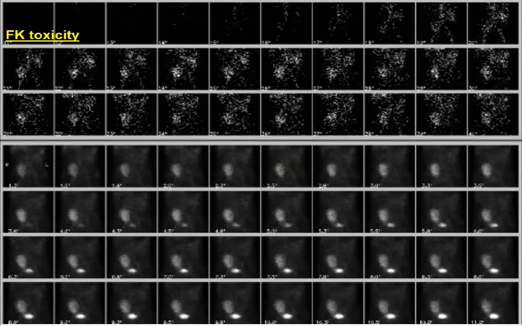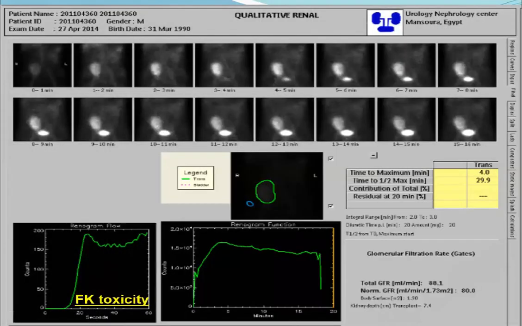This is a case of FK toxicity with some reduction in perfusion, some reduction in tracer uptake, delayed excretion, but it is not obstructed, and this is the curve of FK toxicity. And as we mentioned before, if we see reduction in perfusion, reduction in tracer uptake, some delay in excretion, but it is not obstructed, we must ask about the FK or cyclosporin toxicity level.